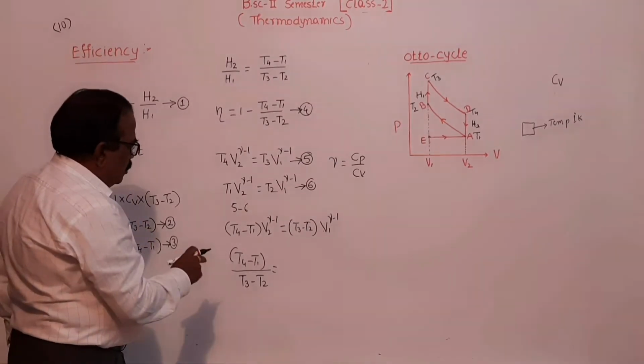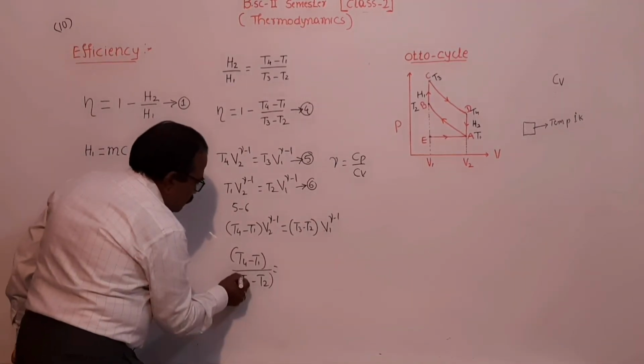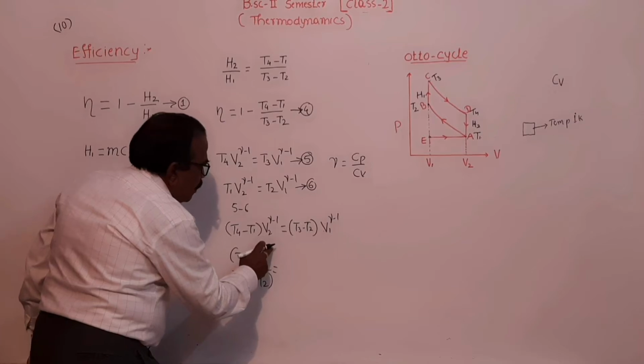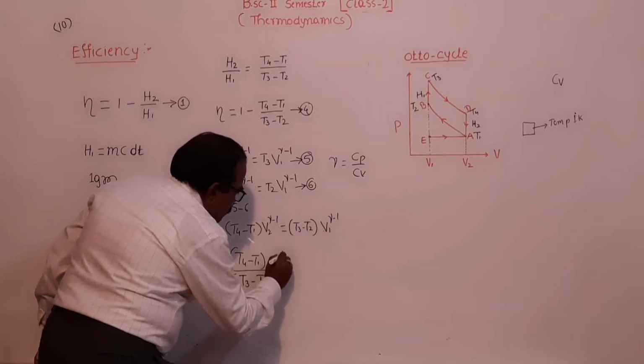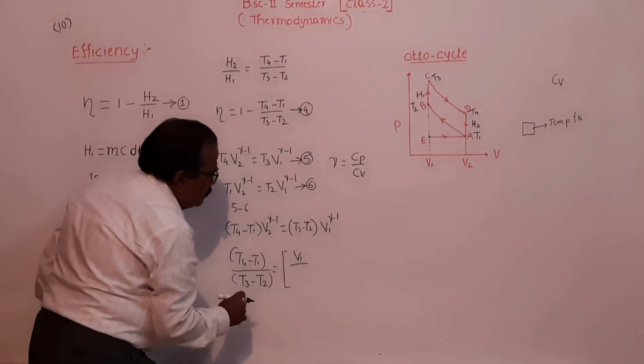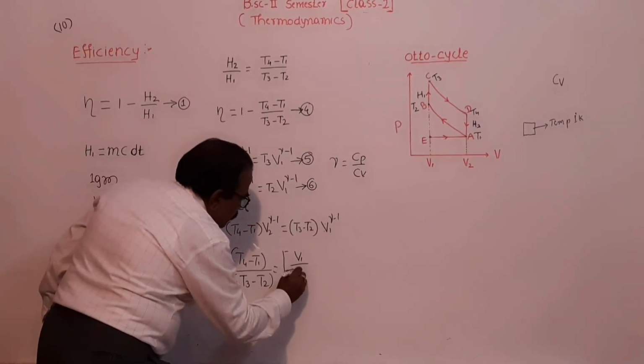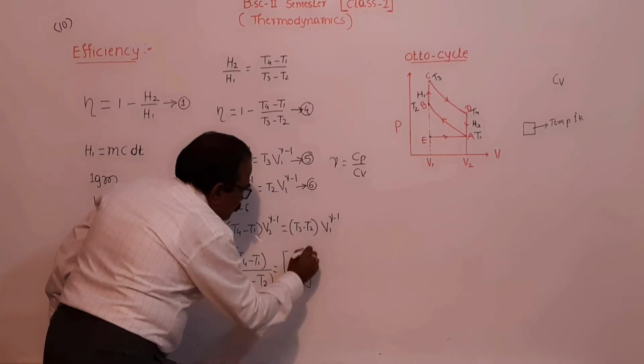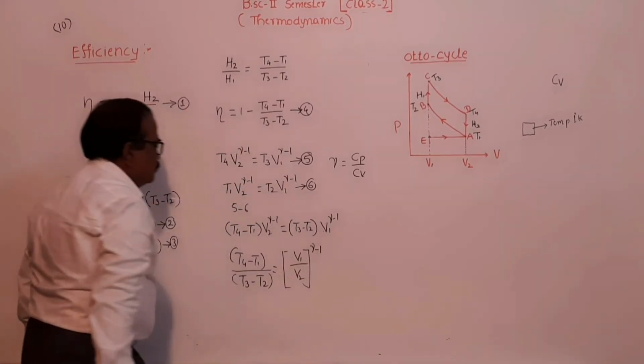Then T3 upon T1 is equal to V1 upon V2 raised to nu minus 1.